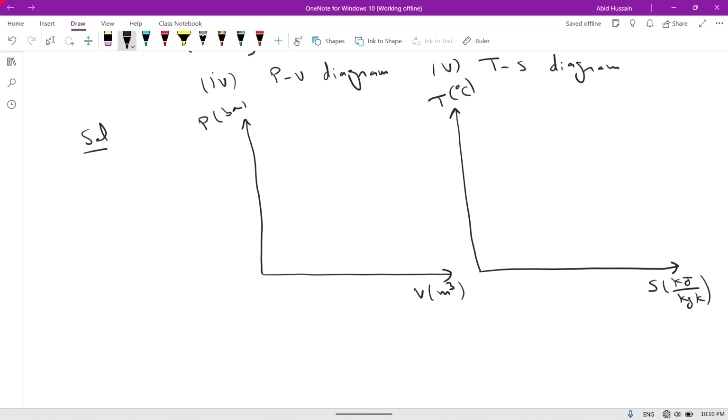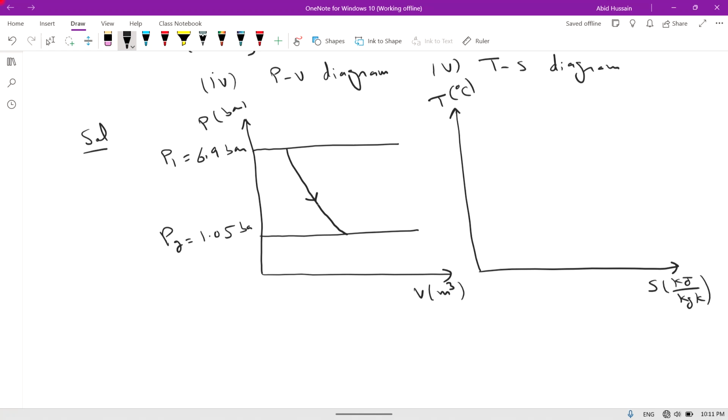The first process is isentropic expansion. Initially pressure P1 is equal to 6.9 bar and final pressure P2 is equal to 1.05 bar, and the process is adiabatic expansion from 1 to 2, something like this.